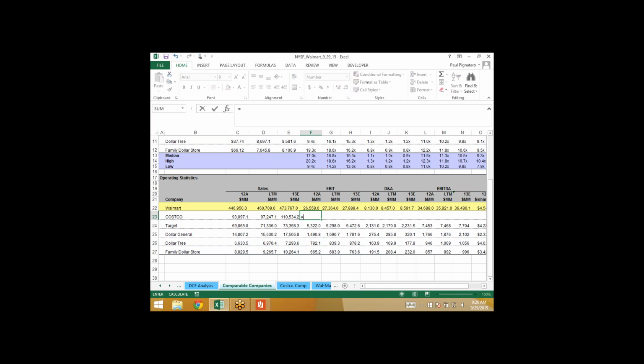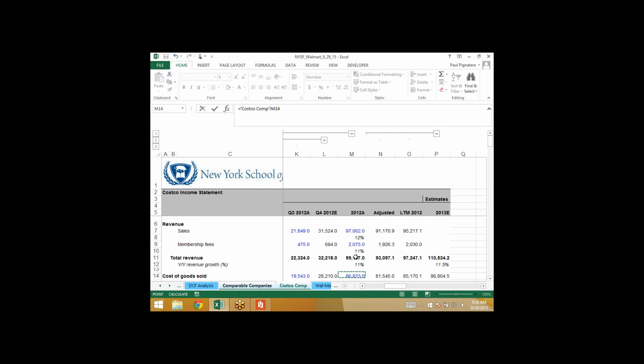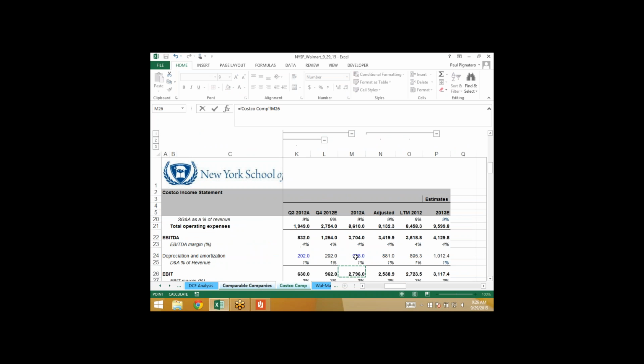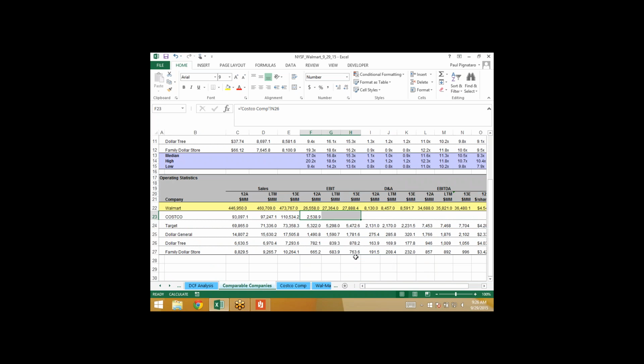Right? EBIT is going to be pulled in from the Costco comp. EBIT 2012, the adjusted, copy to the right twice. So you can see if I went up here and clicked over and then came back and divided, and clicked over and came back and divided, there's a lot of chance of error. In this case, it's a bit more linear.